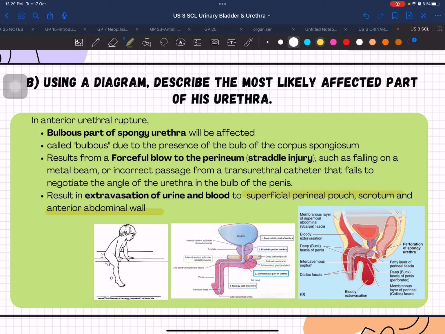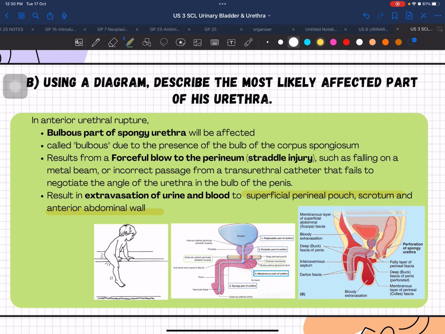Good afternoon, everyone. So I will be presenting question 2B, which is: using a diagram, describe the most likely affected part of his urethra. So in this injury, it will cause anterior urethral rupture. So it will affect the bulbous part of the spongy urethra. There are actually 4 segments of the urethra.